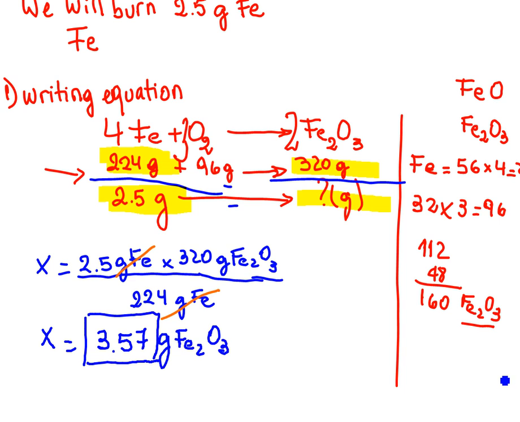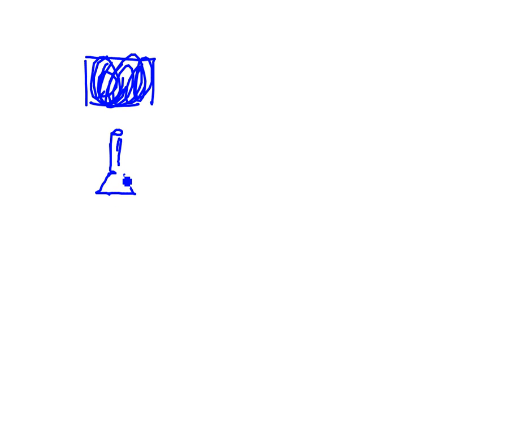Now, look at this. Pay attention 1 second. When we burn things, we should obtain 3.57. So we are going to take the iron wool. Okay, that is my iron wool. I'm going to put it over the Bunsen burner or something like that. I'm getting good at drawing.